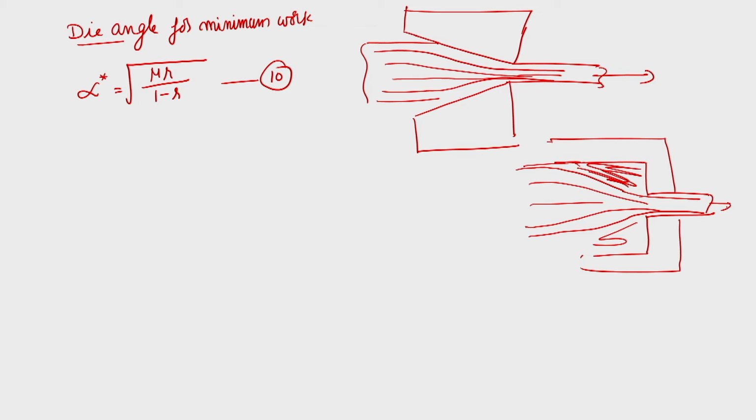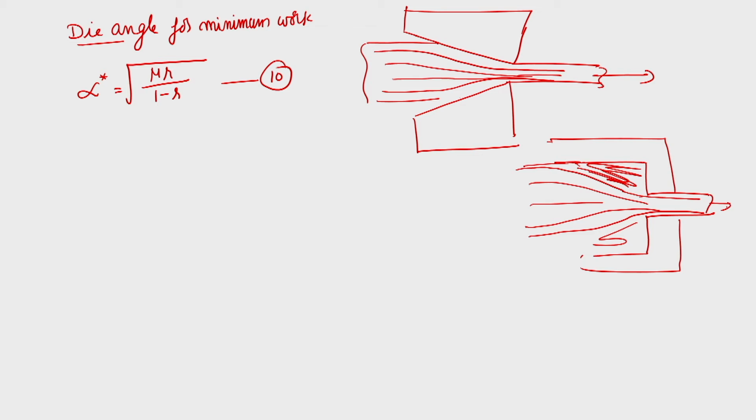And you may see from this expression that alpha star, the minimum die angle, is dependent only on mu and reduction. That is, the die angle will depend only on the coefficient of friction and reduction. It will not depend upon the precise work hardening behavior of the material. What is the work hardening exponent? It is not interested.